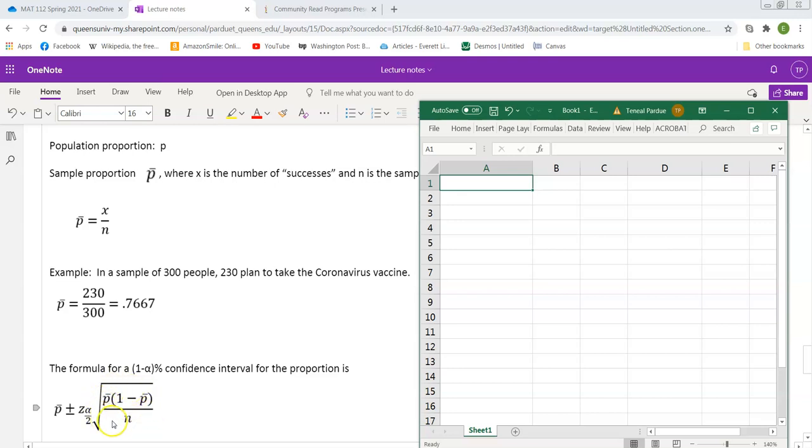It can be tricky with the parentheses to get the order of operations right, because you need to make sure this whole thing gets underneath the radical. So we're going to do it once, and set it up where all you have to do is change some numbers at the top every time, and it'll automatically do it from there.